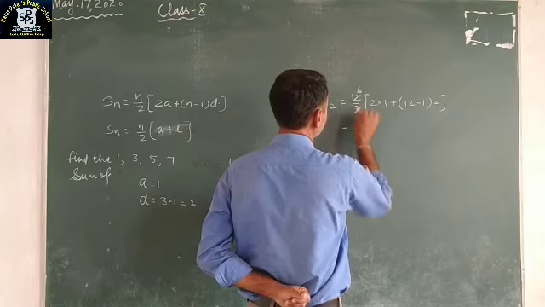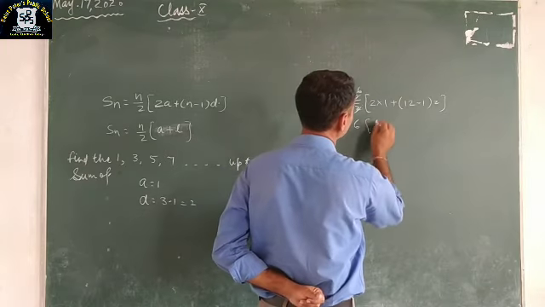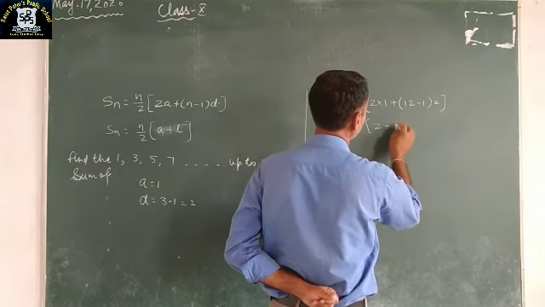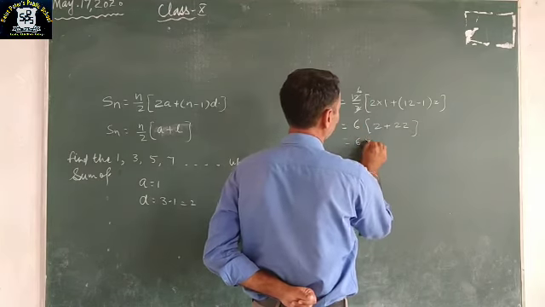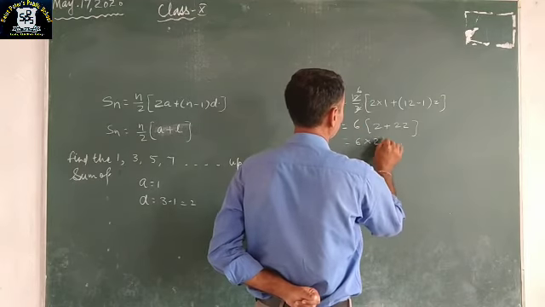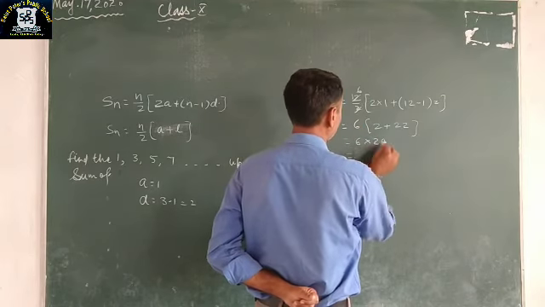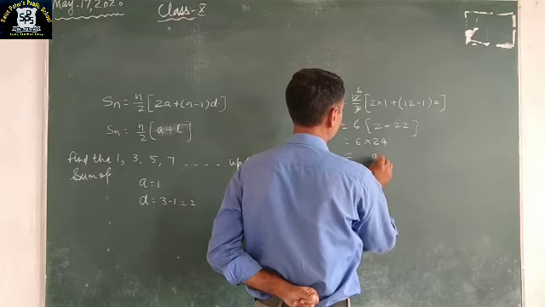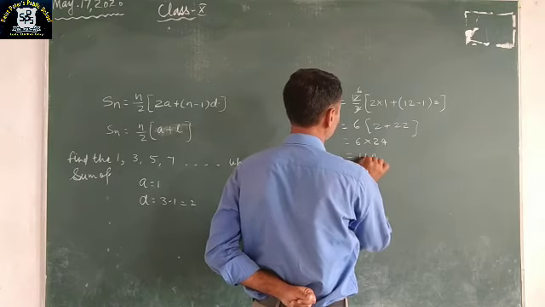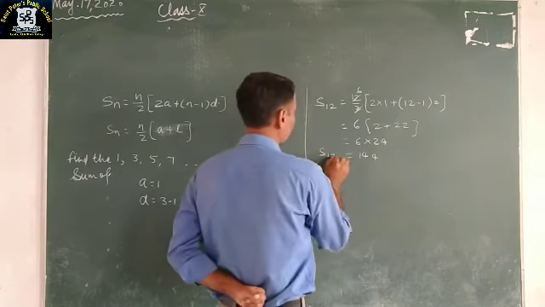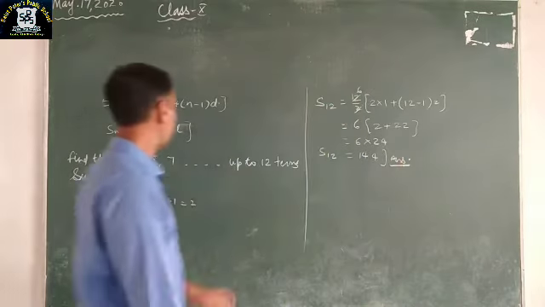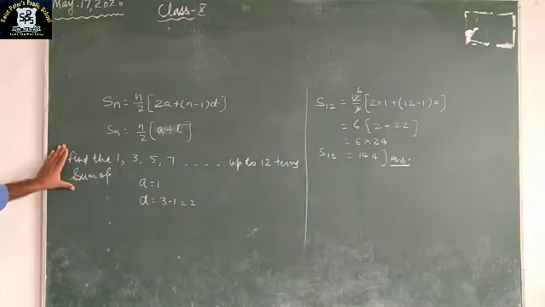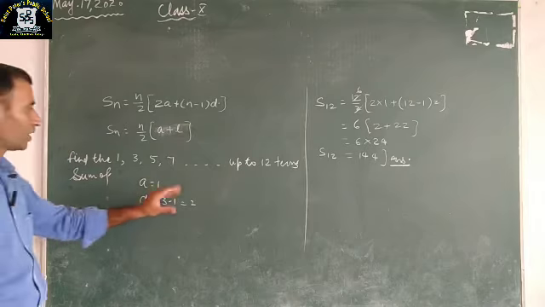So it will be 6 into 2 plus 11 into 2, that is 22, and it will be 6 multiplied by 24, which is 144. It's the answer.